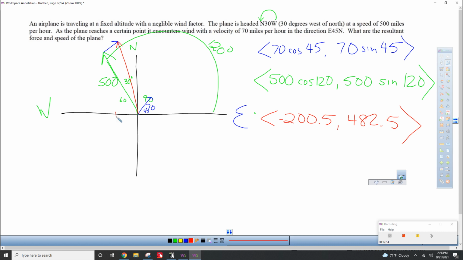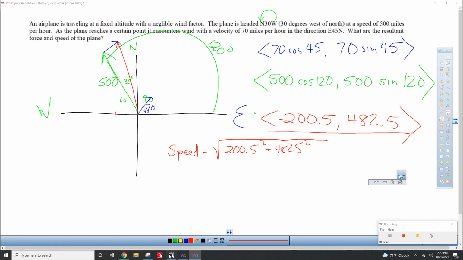So, what are the resultant force and speed of the plane? Well, this is the resultant force. The speed is just the magnitude of that. Okay? So, the speed is the square root of 200.5 squared plus 482.5 squared.